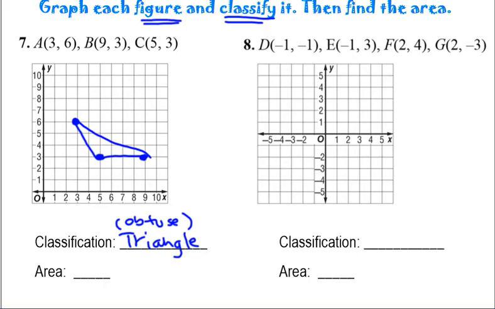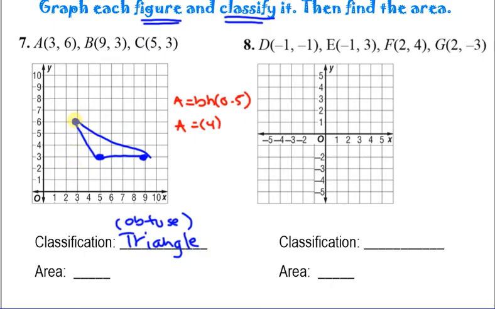Let's find the area. So over here is where I'm going to do my calculation. So area equals base times height times 0.5. Now what is the base? 1, 2, 3, 4 units. What is the height? This is tricky. Tallest point to lowest point. Okay?